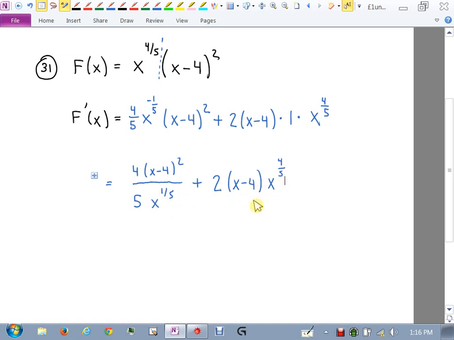Like right now, this one doesn't have a denominator, but imagine that it's a 1, right? What could I use as my common denominator? 5x to the 1/5. Now, you may be saying, no, I do not want to make that a 5x to the 1/5 because I don't want to have to put that up here. But it's going to be nice what happens, all right? I'm going to multiply the top and bottom here by 5x to the 1/5 to create my common denominator.